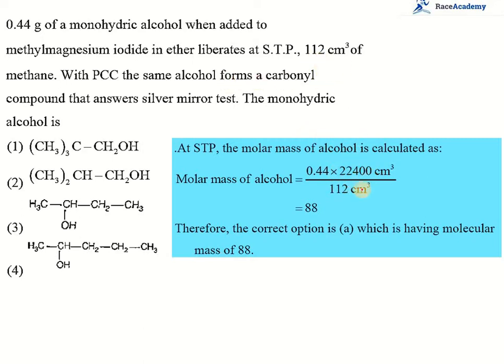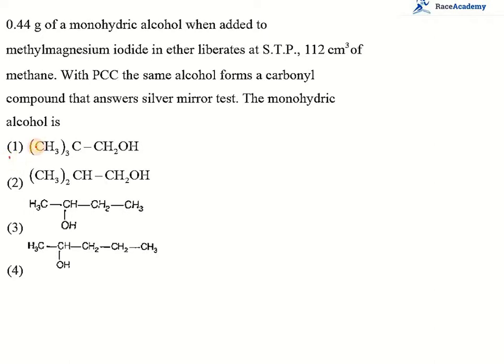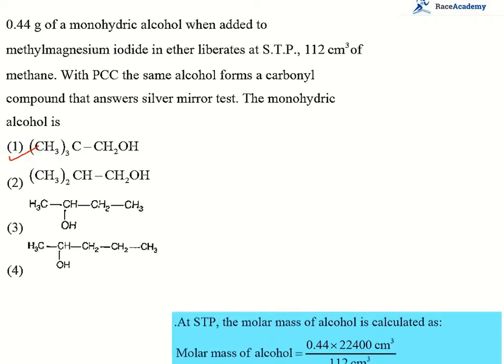This 22,400 by this 112 multiplied by the mass given will give the molar mass of the alcohol, and this molar mass matches with our first option, that is (CH3)3C-CH2OH. So that is the right option for this question.